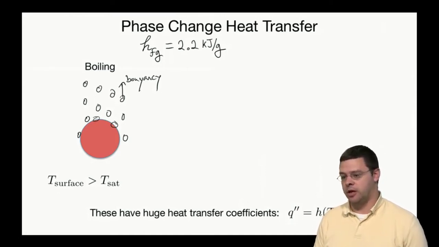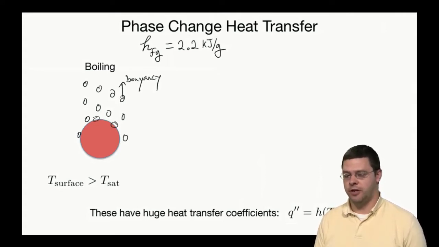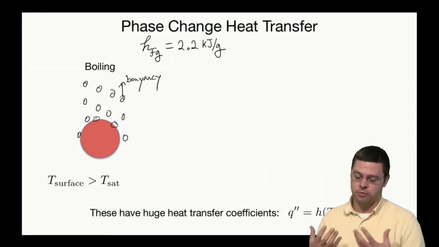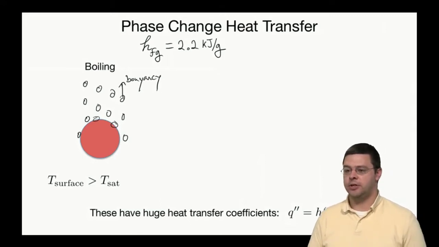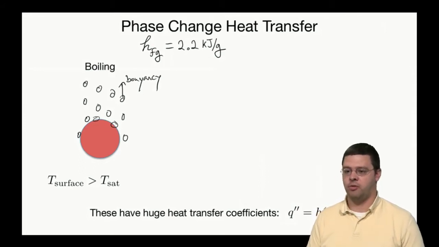But it comes with an extra benefit, which is that gas is significantly lighter than liquid, by about 1,000-fold. And so there's a very strong buoyant force that pulls bubbles away from a surface. So in effect, it's sort of like a forced convection where the force that removes the bubbles or the vapors is essentially provided intrinsically by the process.